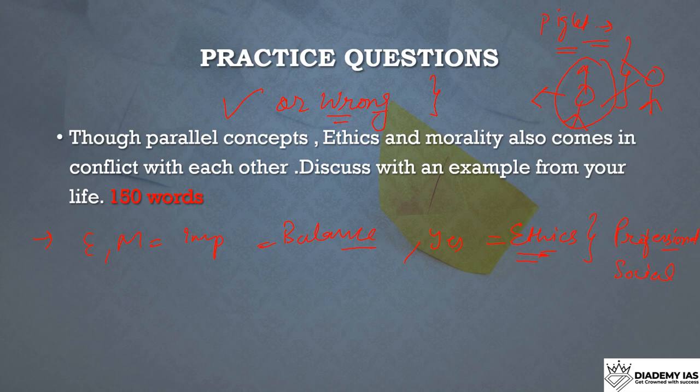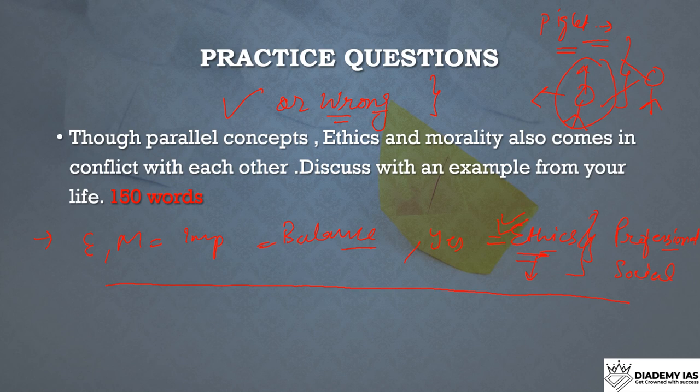Although you might not have the space to write it, I'm just going to tell you that we live in a social arena, right? So sometimes you have to follow the ethics of the time and place. That's it. And this has to be very small. You have to write till here only. This thing, that ethics and morality both are important, but in the end we have to maintain a balance.